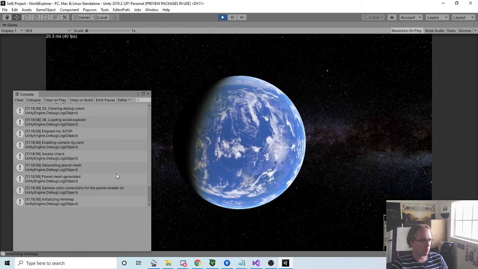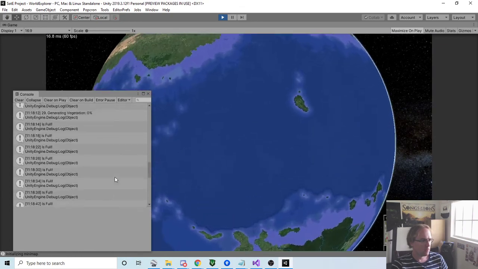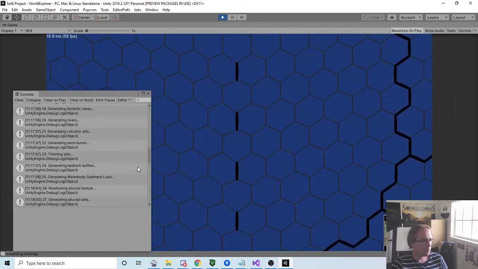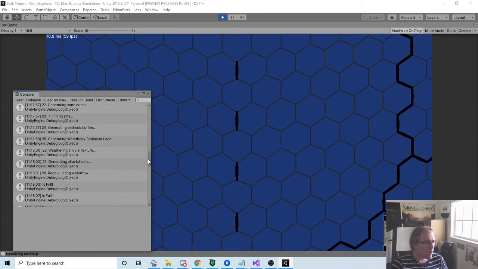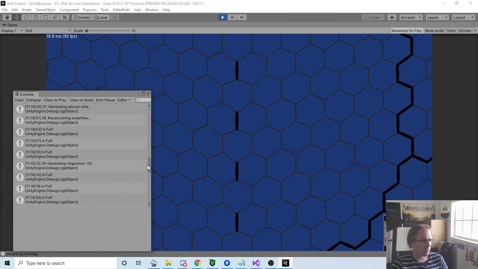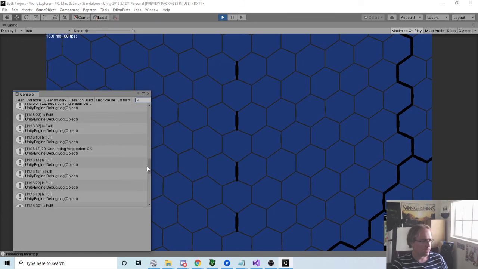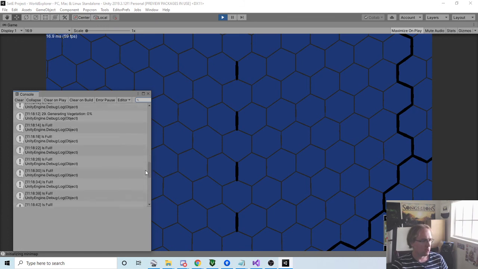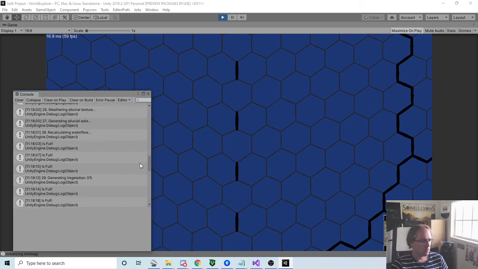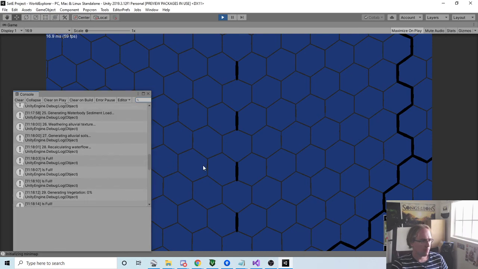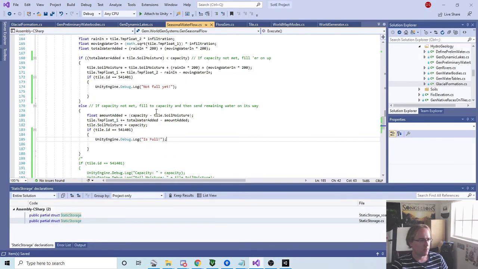How many times did we run? Okay, so... thinning silts. Apparently we were just instantaneously full. WTF. Full. So that's... I guess that's part of the problem, right?